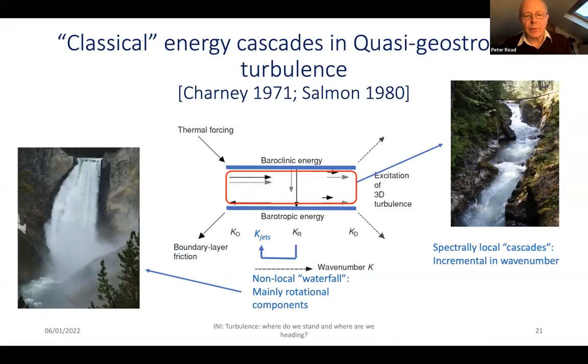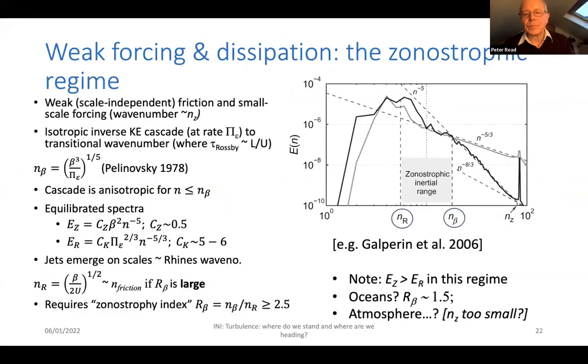So this you could regard not necessarily as a cascade, but more like a waterfall, a direct transport from high to low wave number over large distances in wave number. So finally, in terms of conceptual models, an extreme form of this zonal type of cascade leads to what has been termed this zonostrophic regime.